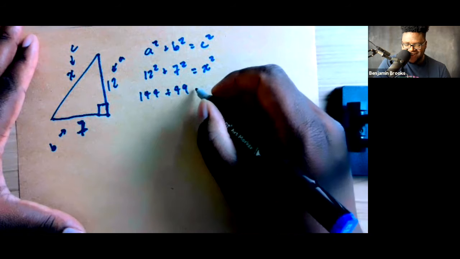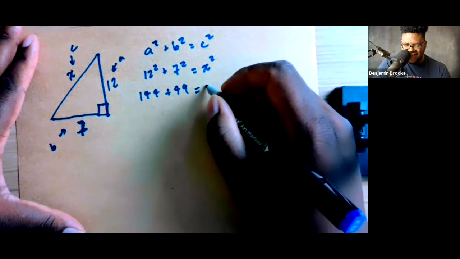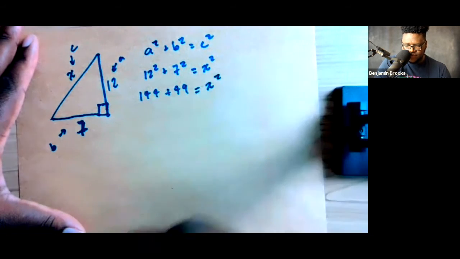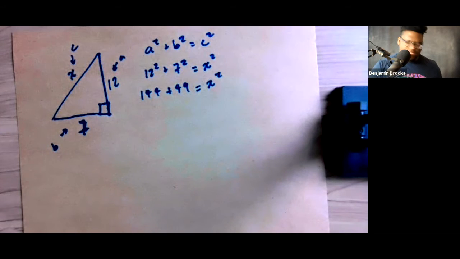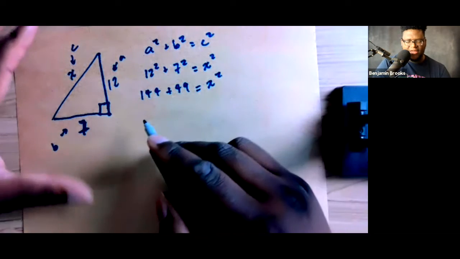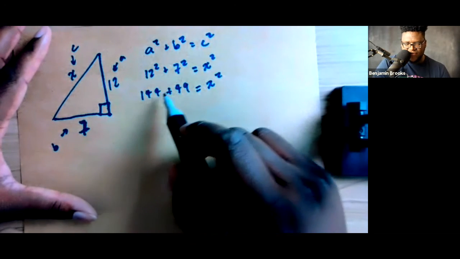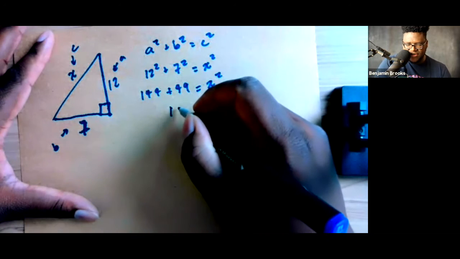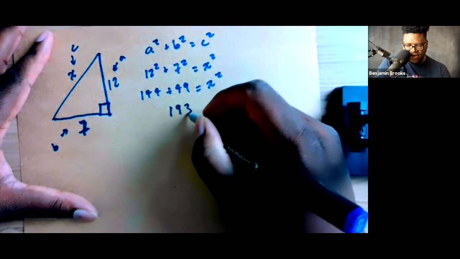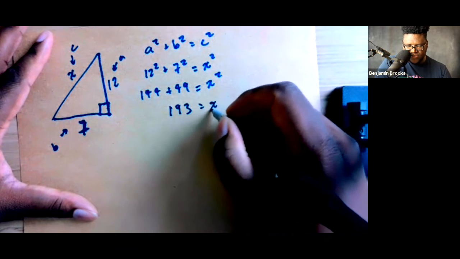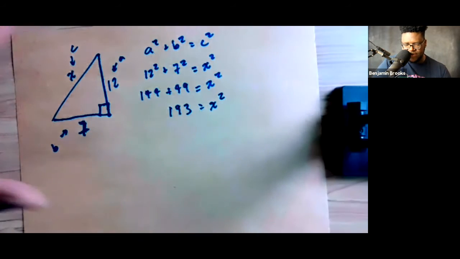It's okay. And then you have x squared. But you know, this is doable. It's just going to be a decimal. So we've got 144 plus 49, which is 193, is equal to x squared.